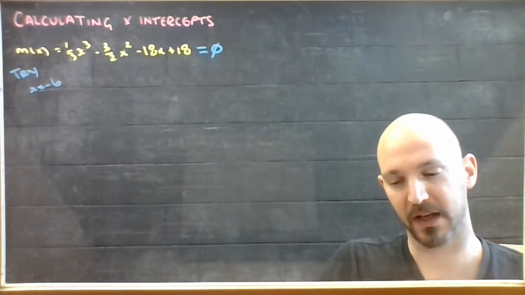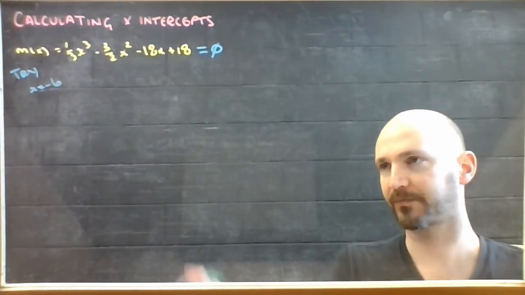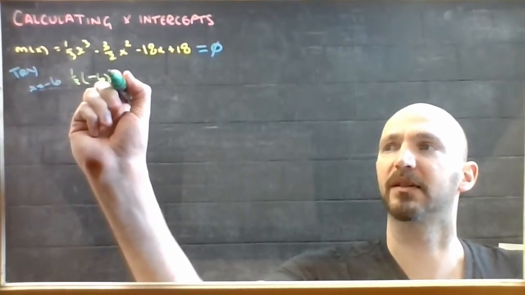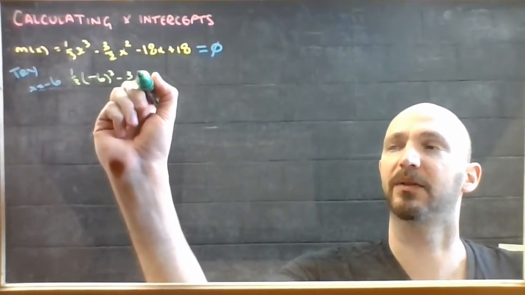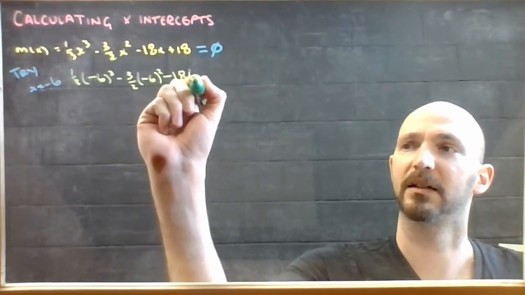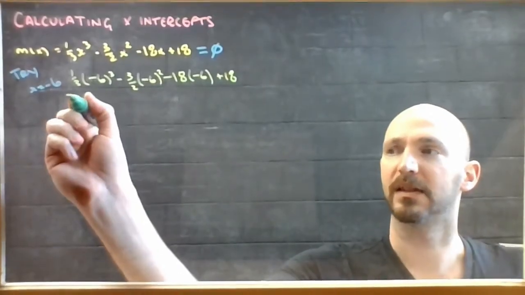Just to confirm that that works, I'm going to pop it into the function there. 1/3 of -6 cubed minus 3/2 of -6 squared minus 18 times -6 plus 18. What's that going to equal?